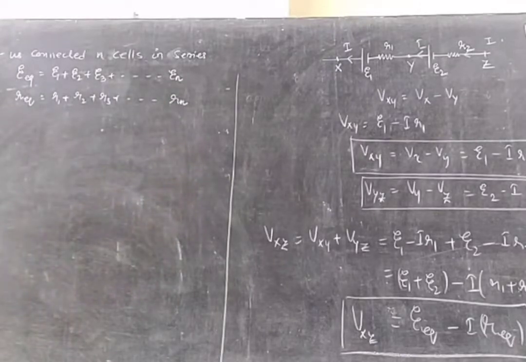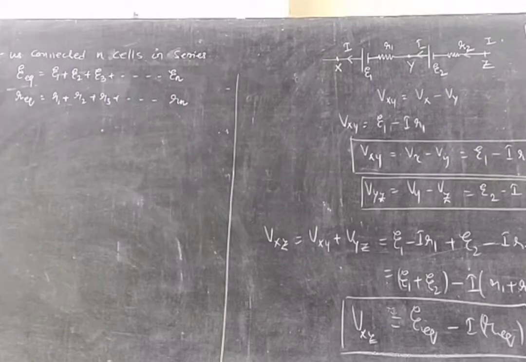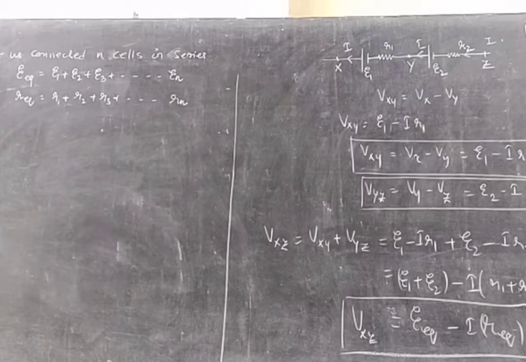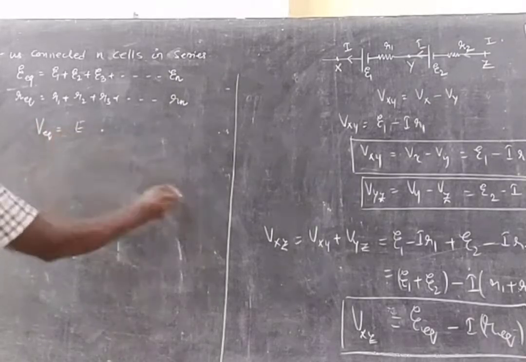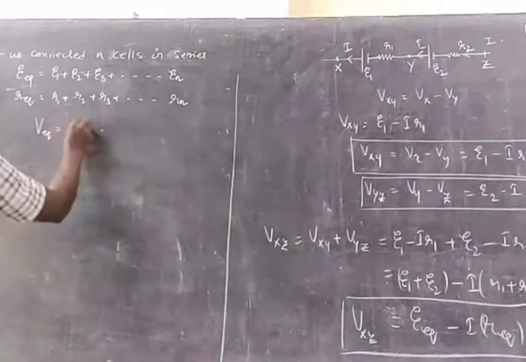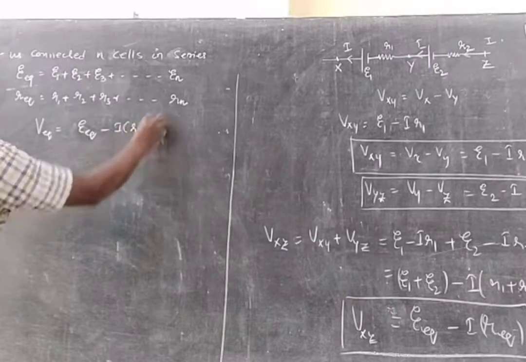So therefore, the potential across N cells when connected in series is given as V is equal to E equivalent, meaning EMF equivalent, minus I into R equivalent.